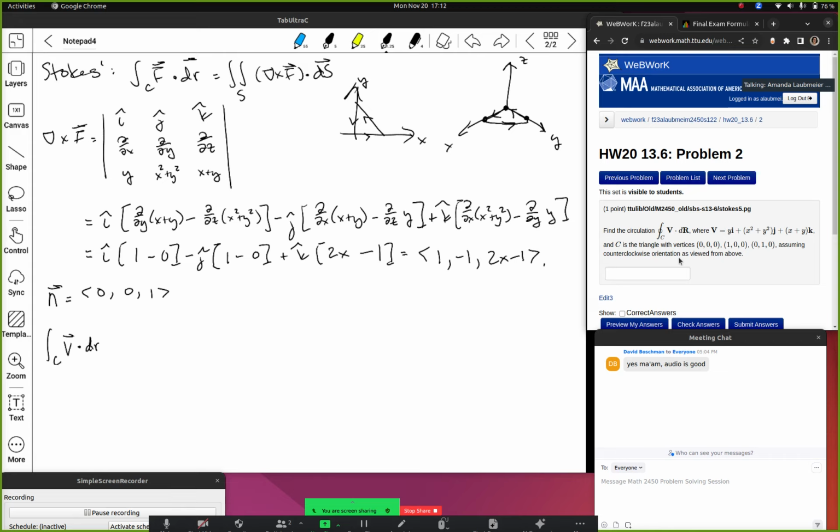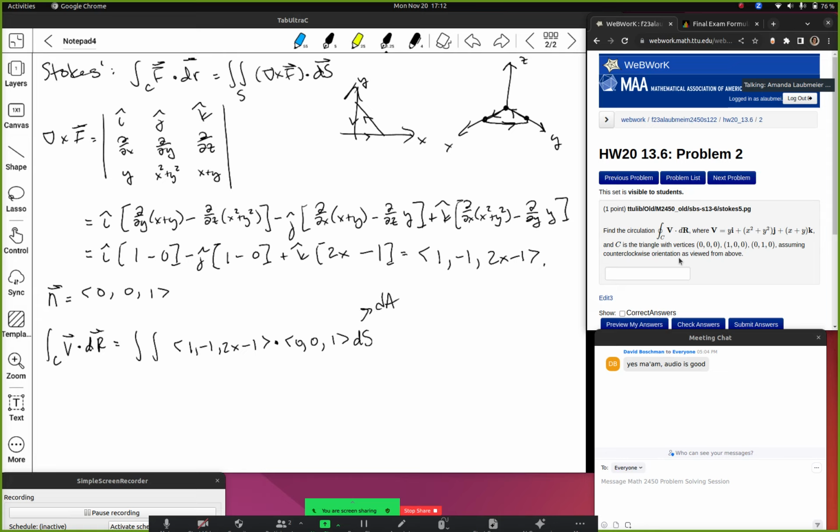this v dot dr that I was asked to solve is going to be a double integral of 1, 2x minus 1, dotted with 0, 0, 1. And usually we have dS right there, but that's because sometimes we have to convert curved surfaces into the 2D dA that we're used to.